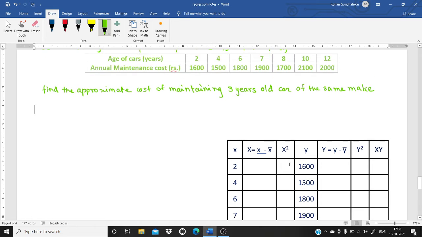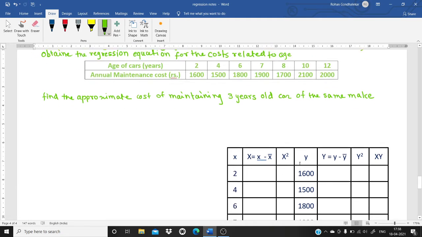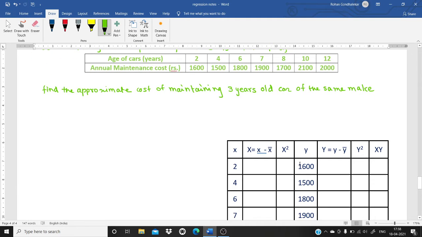I'm going to change the scale of this problem because the y values are 1600, 1500, 1800, 1900 and so on. Then when I go for y minus y bar, the values are in terms of 100, 200 and so on.